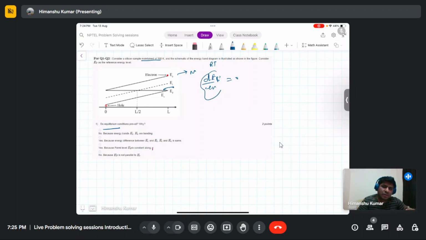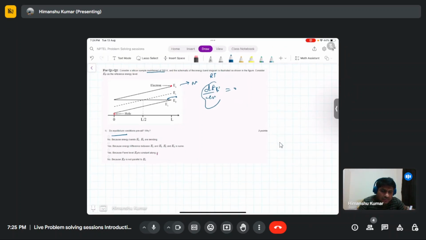We are not talking about quasi-equilibrium, because that also, in some approximation, you can consider as quasi-equilibrium only. See, the Fermi level is flat. That is the ideal way to test whether the semiconductor is in equilibrium or not.